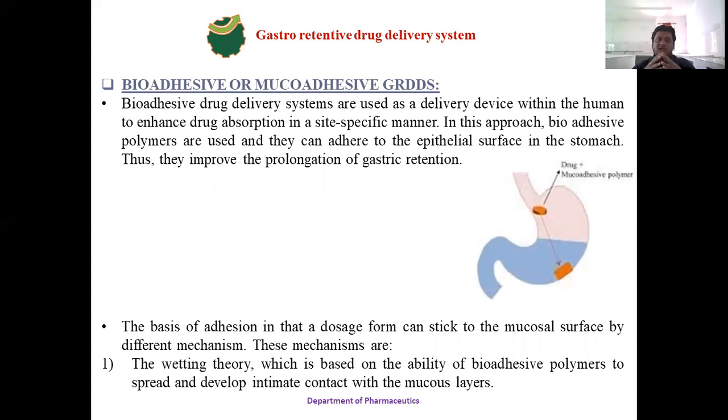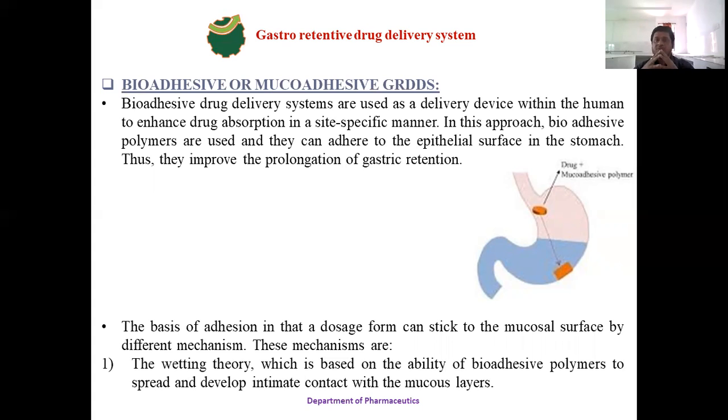Now coming to the next one, it is called the bioadhesive or mucoadhesive gastroretentive drug delivery system. Now I think this term is very familiar to you. Those systems mainly contain bioadhesive polymers, polymers which have a particular character to adhere to the mucosal surface.